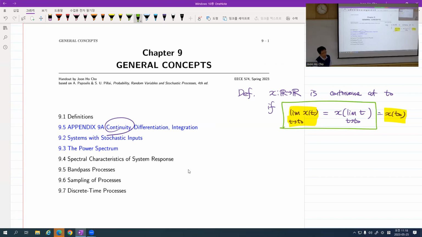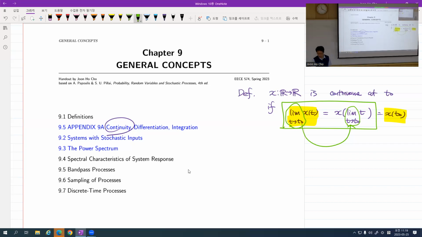And what does this mean? This limiting operation can pass through that parenthesis. Actually, that is not a mathematical term, but when we just view, it kind of passes through this parenthesis, and here you go. If this holds at t0, then x is continuous at t0.